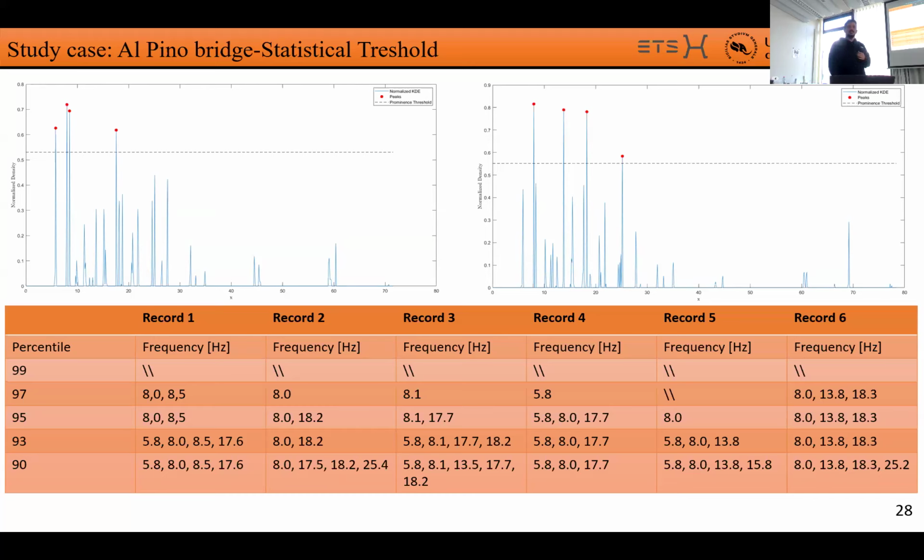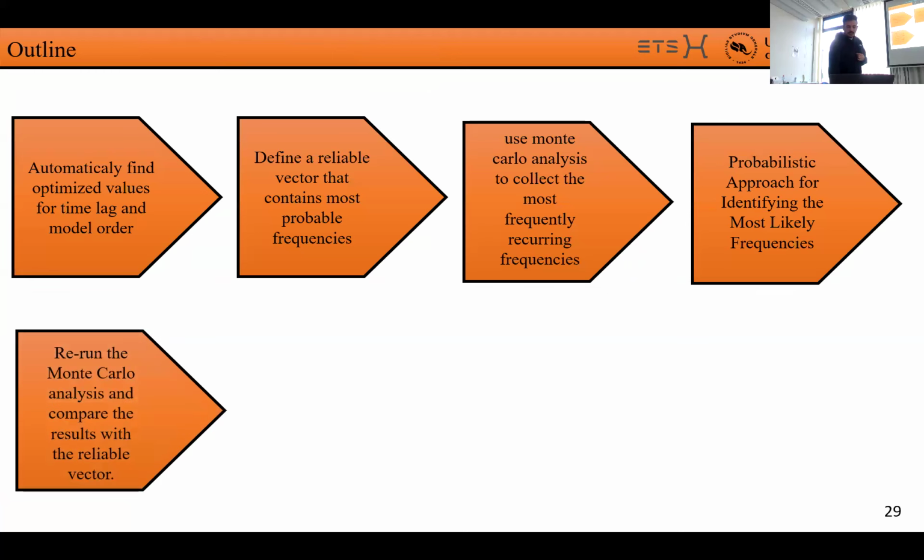So in this way, I did this also for more records in general, and I collected all the most probable frequencies in order to form the reliable vector. But why do that? Because after that, I rerun the Monte Carlo analysis, saving the values of the time lag and model order, and compare the frequencies obtained with the new Monte Carlo analysis with the reliable vector.